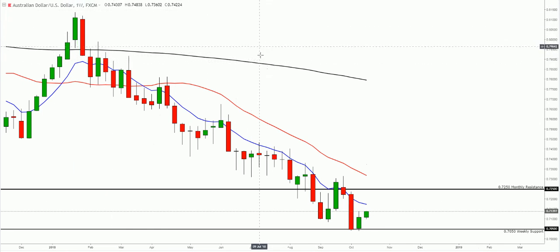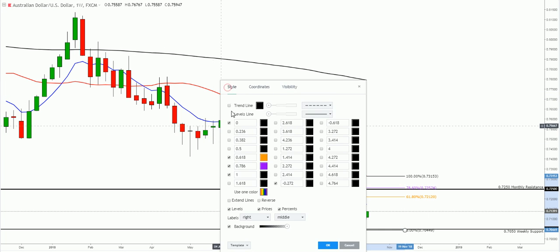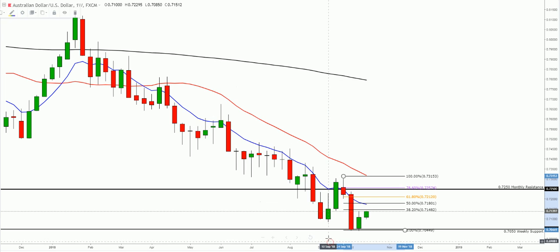Step it down to the weekly time frame, it does look like we do want to test that blue exponential moving average. And if we get a Fibonacci tool on here, just put some levels in there. Then as you can see, that does line up very nicely with the 50% retracement level, and we are just approaching the 38.2%.